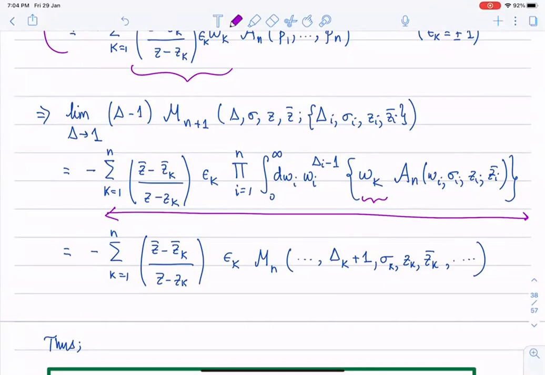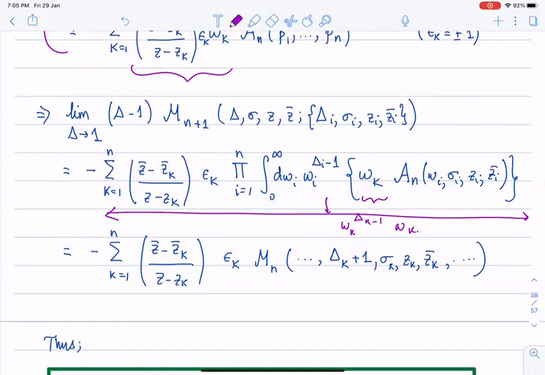When you consider, let's say, the kth term in this product of integrals, you get a term which looks like omega_k to the power delta_k minus 1 times omega_k. Therefore, for the kth particle, the dimension of the corresponding conformal operator gets shifted by a factor of 1.